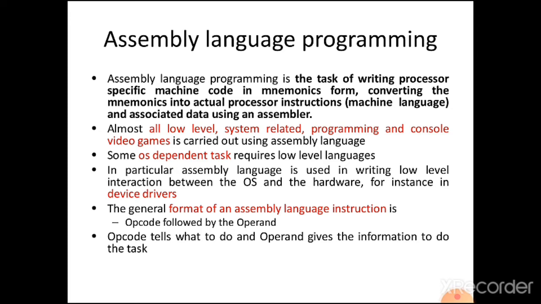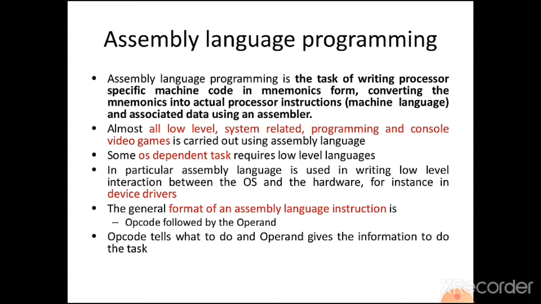Assembly language programs are mainly used in low-level systems programming and console video games. It is also required for performing OS dependent tasks, and it is mainly used for writing low level interaction between the OS and the hardware. Mainly, device drivers are written in assembly language.